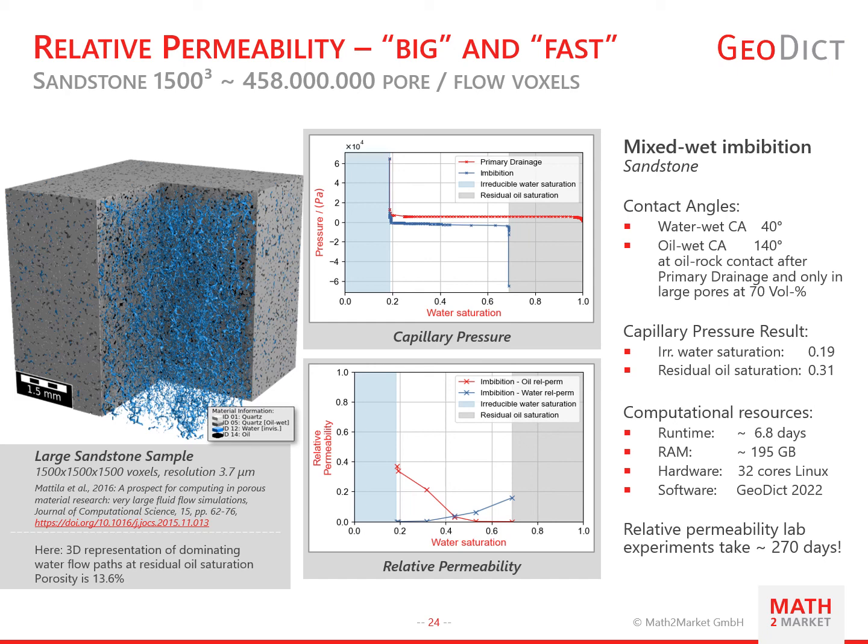The capillary pressure curve shows the primary drainage in a water wet setup and subsequently imbibition in a mixed wet setup. So in between these computations, all wet grain surfaces were introduced based on both the oil phase distribution after primary drainage and the presence of large pores.